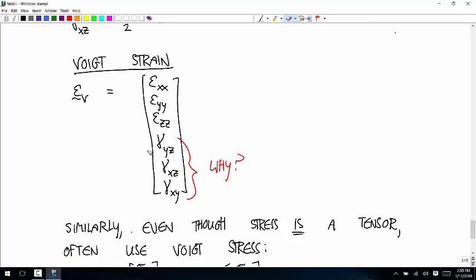They just multiply them by 2. Well, what can you do? This is called engineering strain, and this is what we're going to use in this class. The other one is the tensor strain. There is a way to create a strain tensor, but that's not going to matter in this class.